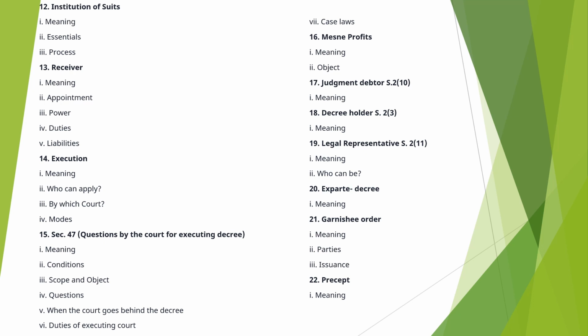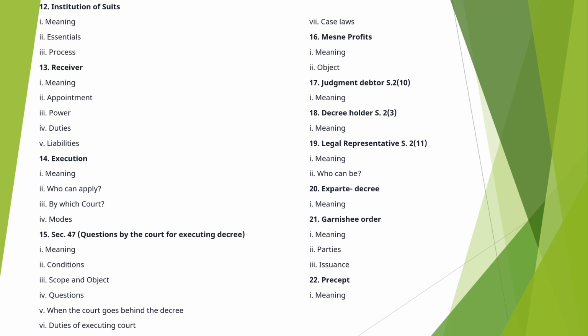Other topic is mesne profits. What is the meaning of mesne profits, object. Then other topic is judgment debtor, Section 2 Subsection 10; we will discuss the meaning. Decree holder, Section 2 Subsection 3. Legal representative, Section 2 Subsection 11.